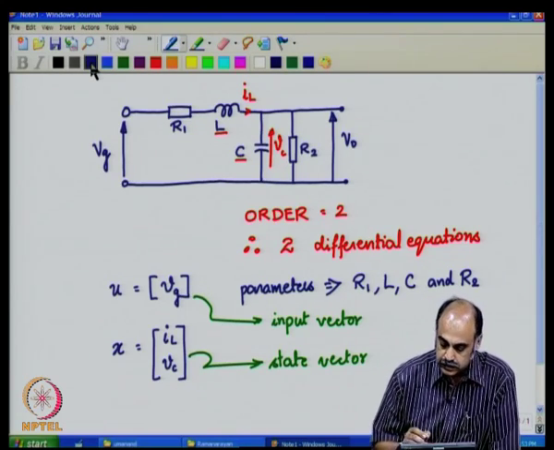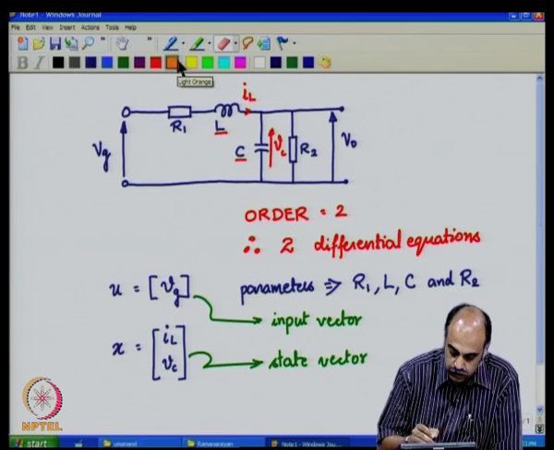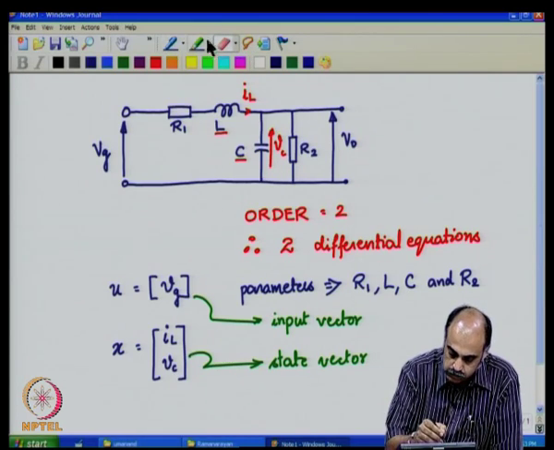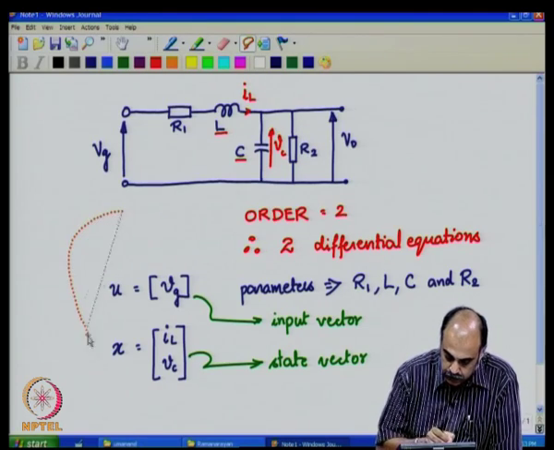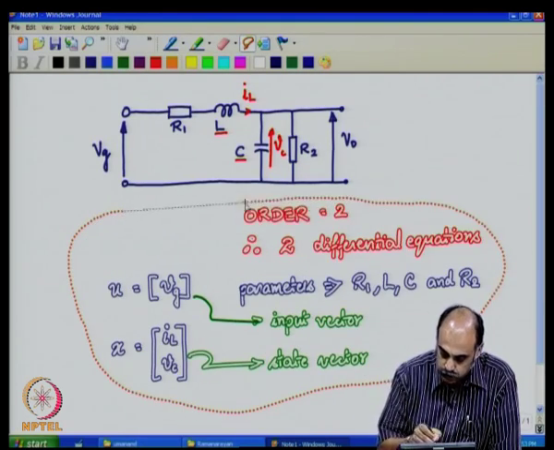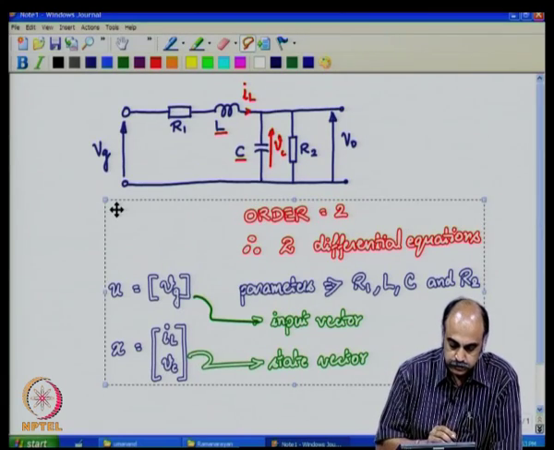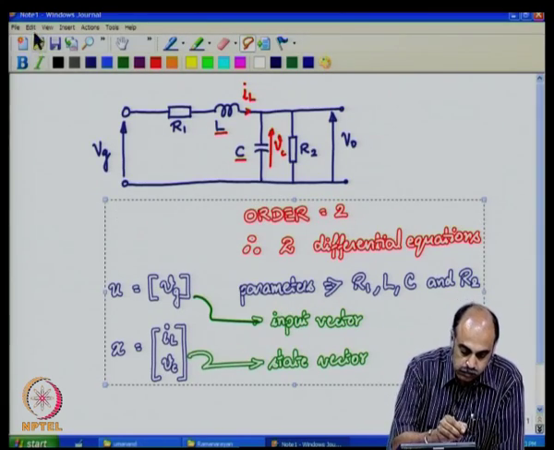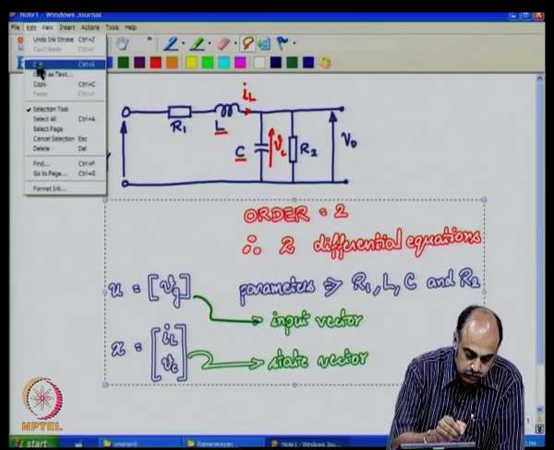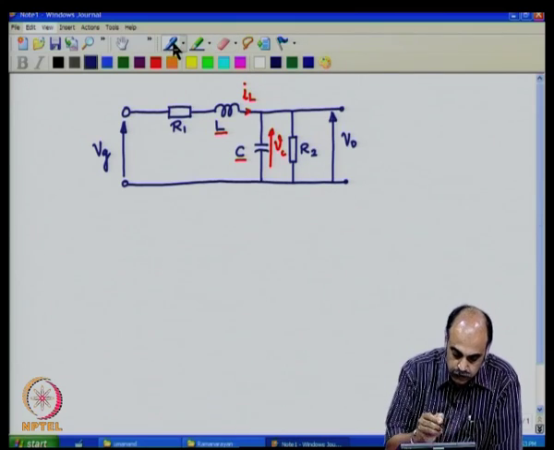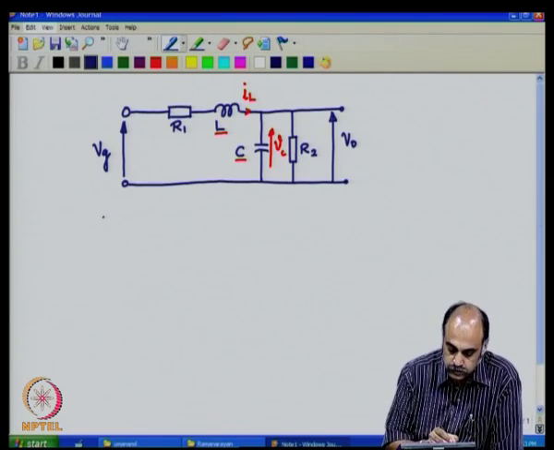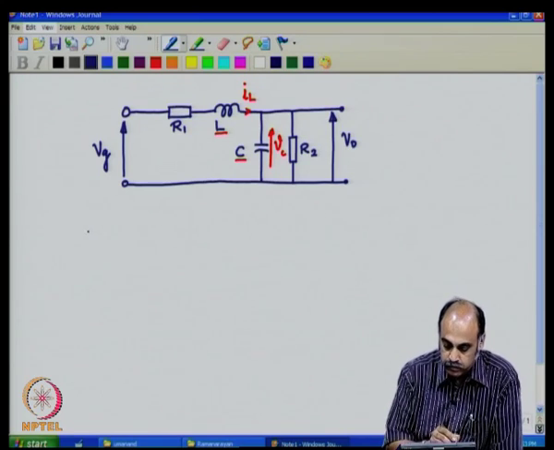Now, let us go about writing down the equations. First, let us clear the screen by deleting these portions, and write down the equations afresh here.